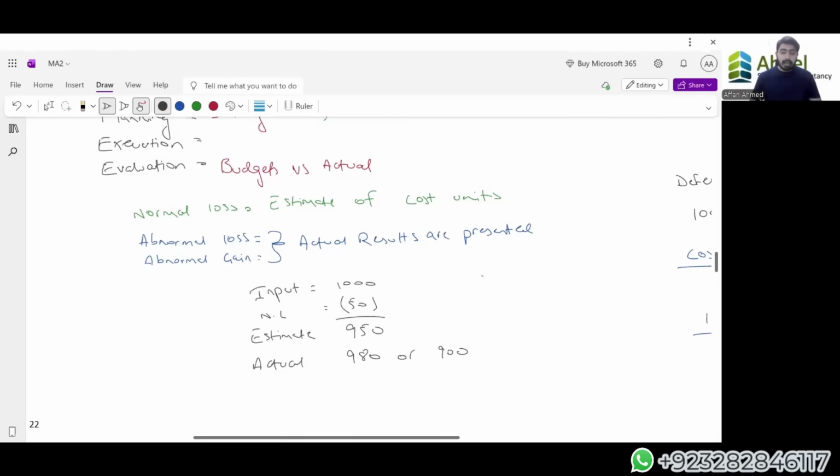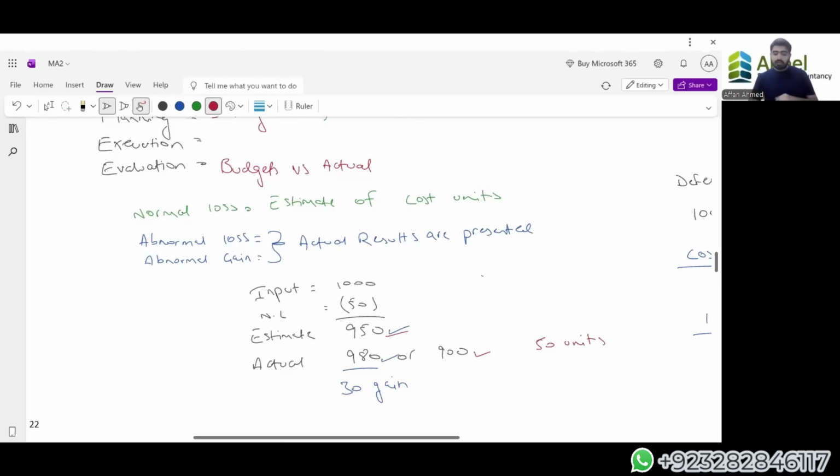So if the actual position is better than the estimate, that means if we thought we would produce 950 units but we made 980 units, there is an abnormal or unexpected gain of 30 units. And if the position is worse off, that means if we expected 950 units but we produced 900 units only, we have an abnormal loss of 50 units.